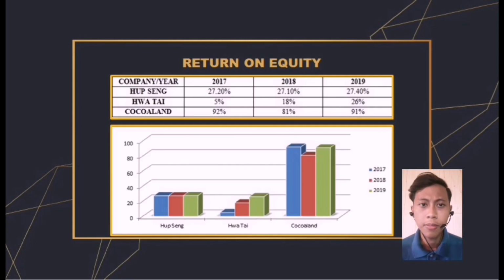The graph shows that Coquelin's percentage is higher than the other companies. The highest return on equity in Coquelin shows how effective management is at using equity financing to fund operations and grow the company.